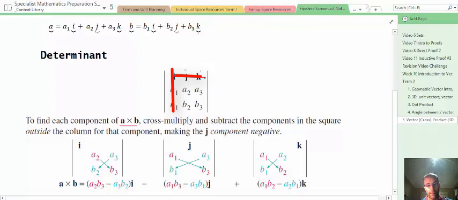We would have all of those covered up, and then we just focus on these terms here that are left over. Now these two terms here, A2 and B3, will go together, and A3 and B2 will go together.